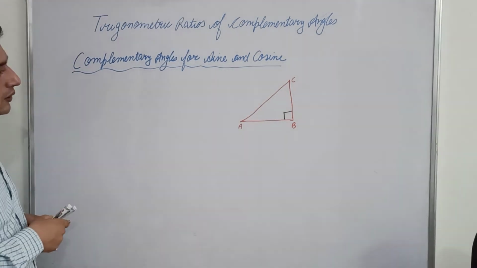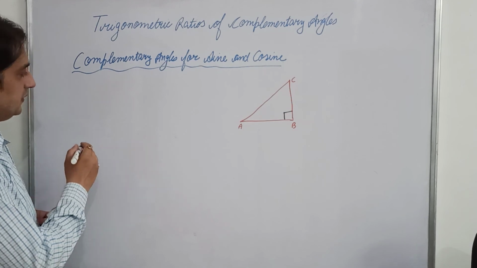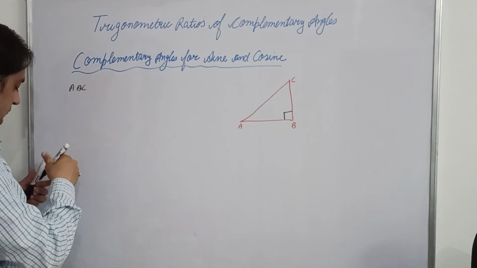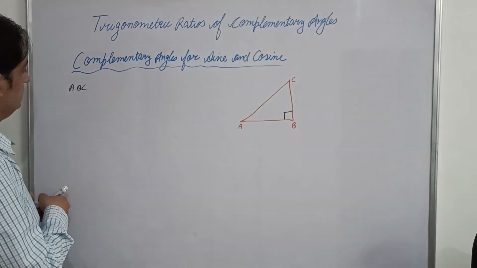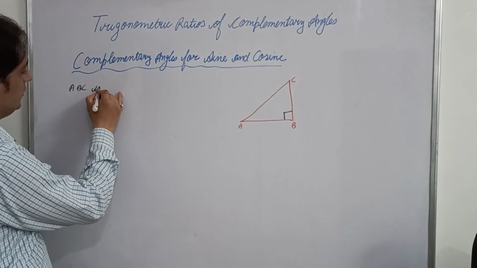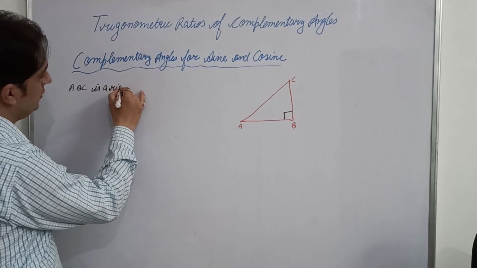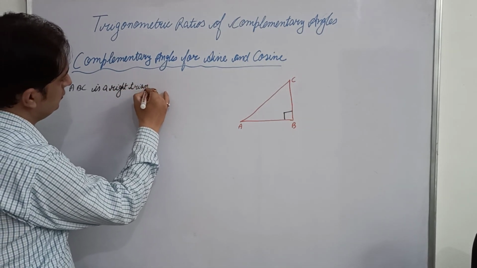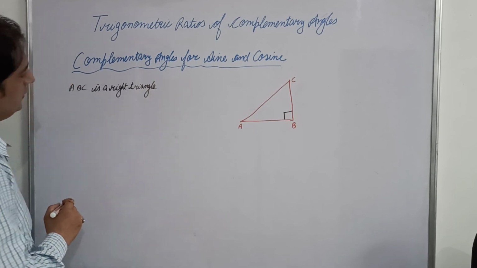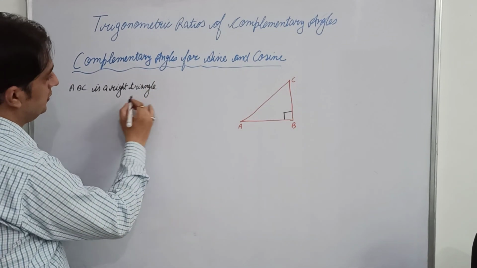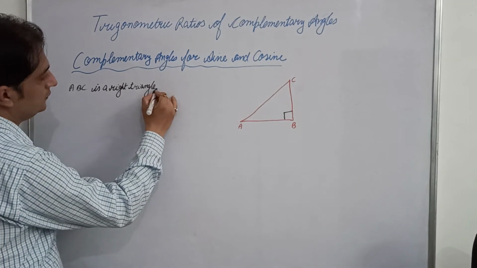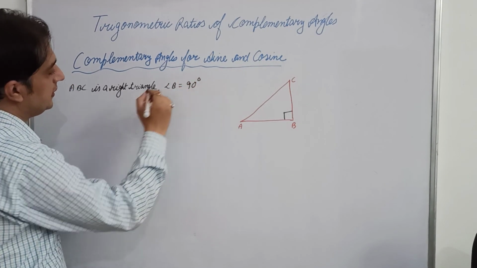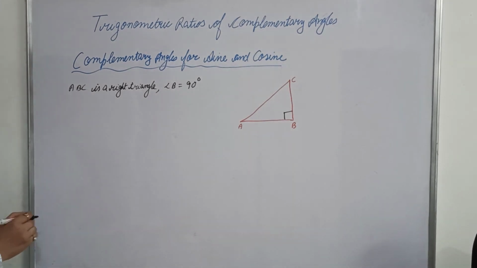So if I write, ABC is a right triangle in which angle B is equal to 90 degrees.